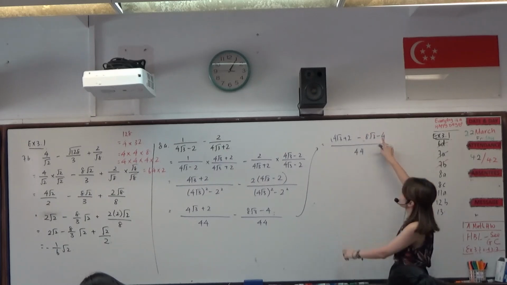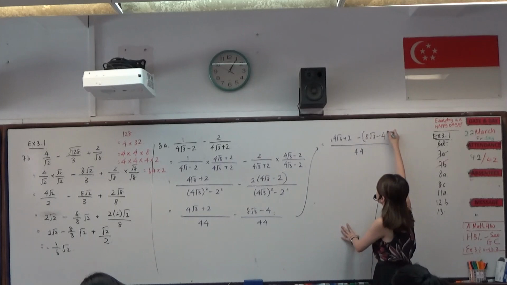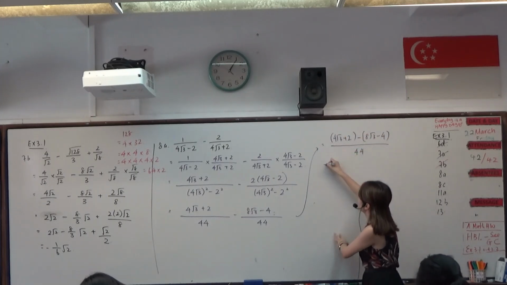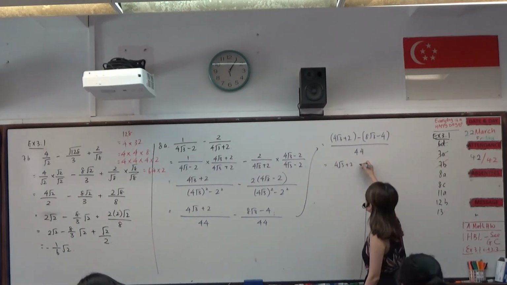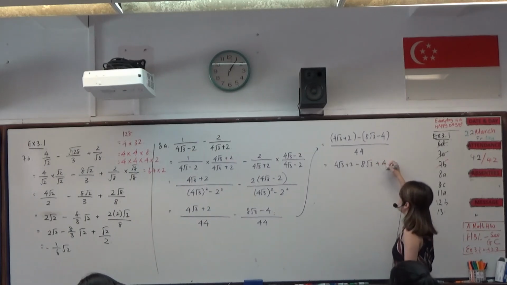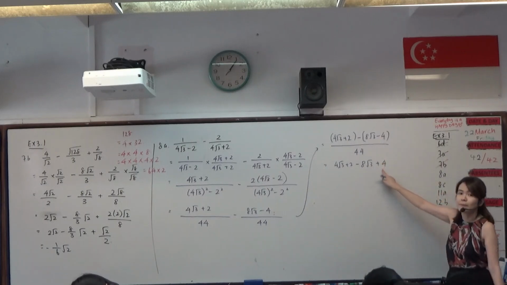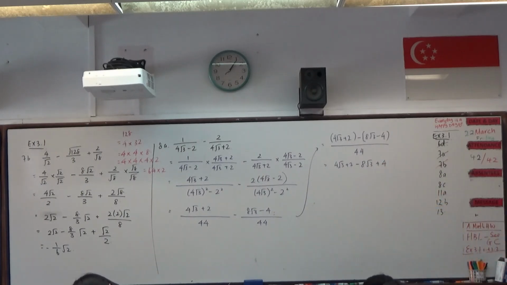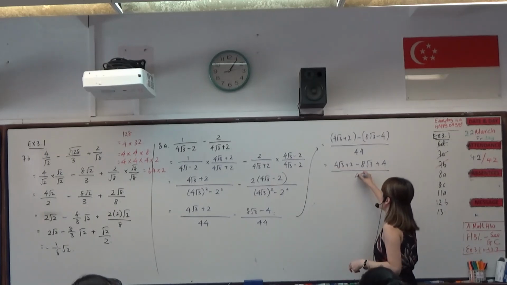And then this remains as a minus 4. Because when you put brackets, opening up the brackets will give you a plus 4 because minus and minus gives you a plus. So that tends to be the trap that you fall into when simplifying.